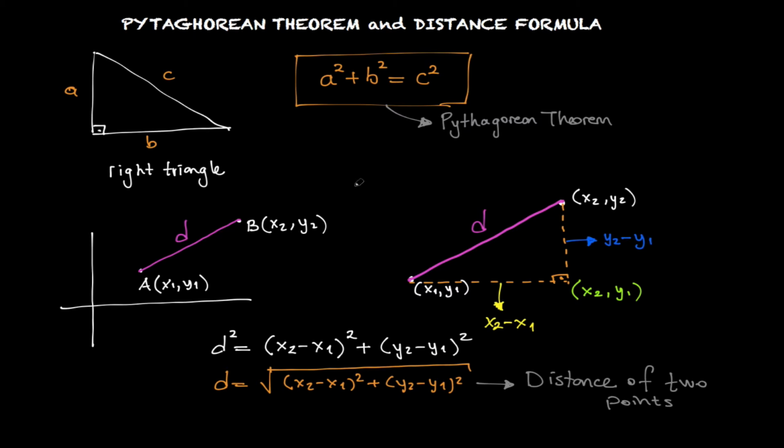Let's see. My friends, I have the same picture here. So the point A, (x1, y1), is located here, and (x2, y2) is located here.